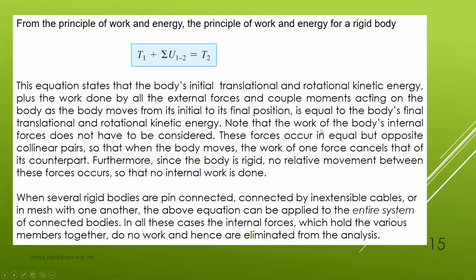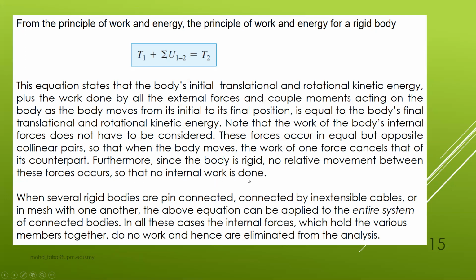Note that the work of the body's internal forces does not have to be considered. The internal forces do not have to be considered. These forces occur in equal but opposite collinear pair, so that when the body moves, the work of one force cancels that of its counterparts. Furthermore, since the body is rigid, no relative movement between these forces occur, so that no internal work is done.